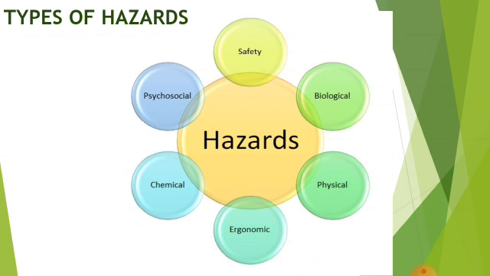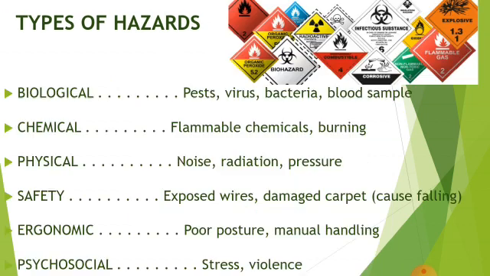Types of hazards. There are 6 types of hazards. Let's study each. One from the top, safety hazards, biological hazards, physical hazards, ergonomic hazards, chemical hazards, and psychosocial hazards. Let me explain each. Biological hazards.